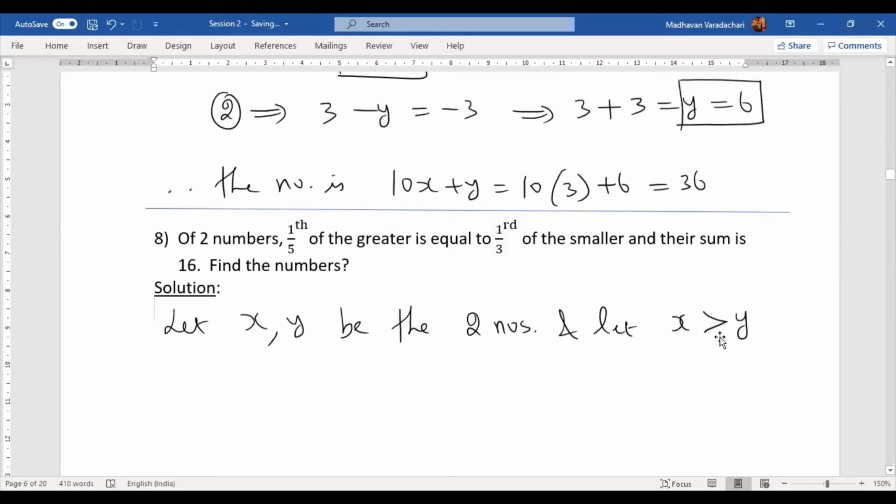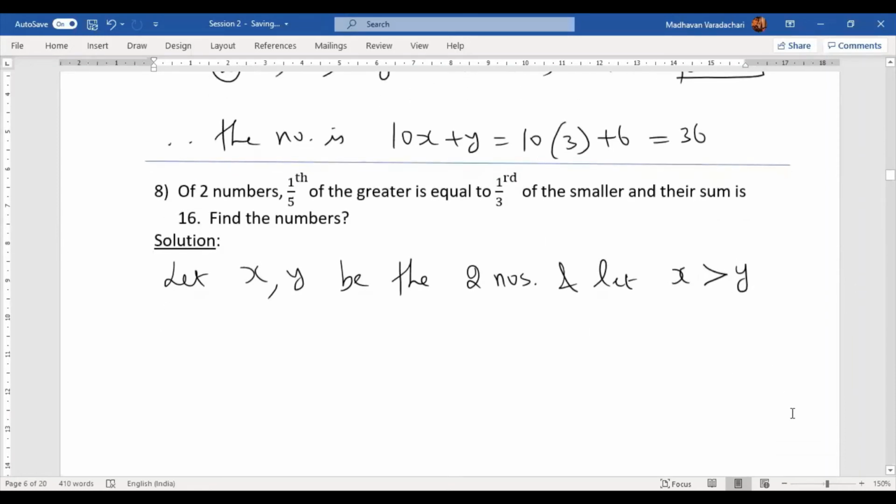So we had assumed x is larger than y. What it says, 1/5 of the greater number is equal to 1/3 of the smaller number.